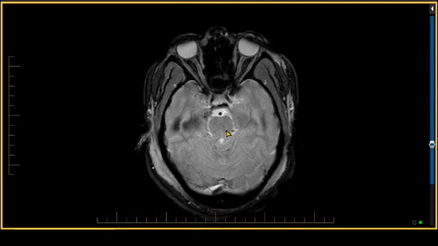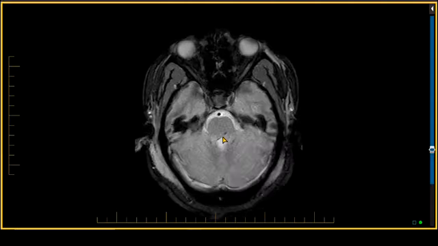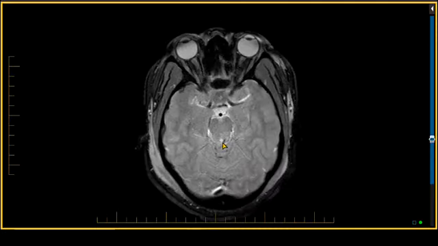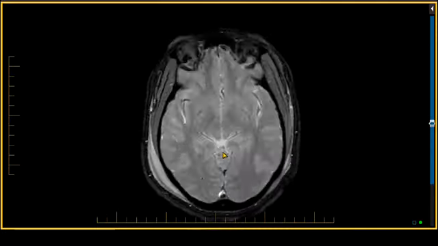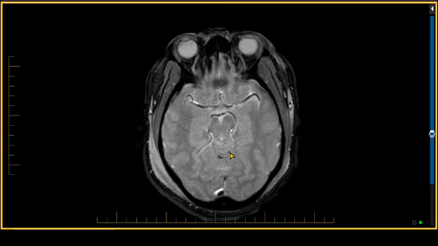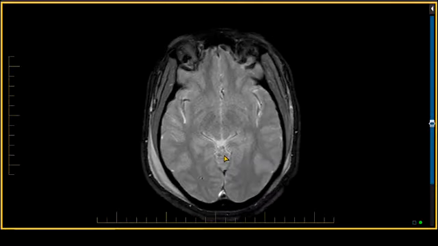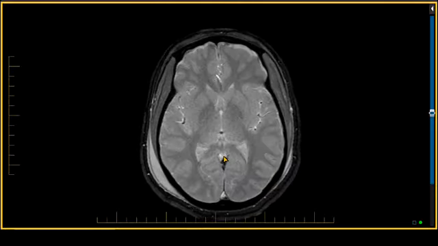So these little black dots represent hemorrhage in the back of the brainstem, in the midbrain, where the midbrain has apposed against the edge of the tentorium. And here in the vermis, you also see blood products demarcated by the dark signal intensity.